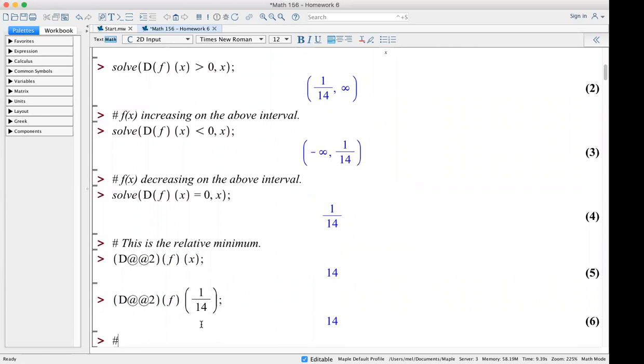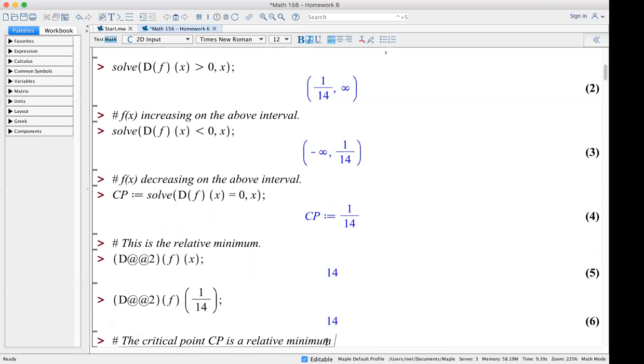So the critical point, I'll just call it CP, that's the point where the derivative is 0, is a relative minimum by the second derivative test.